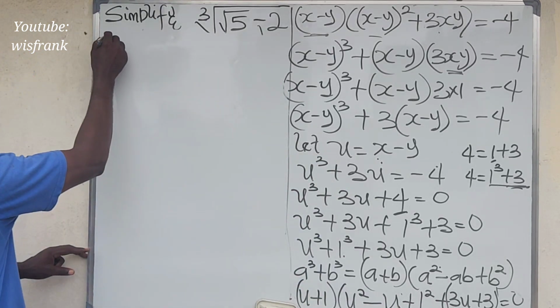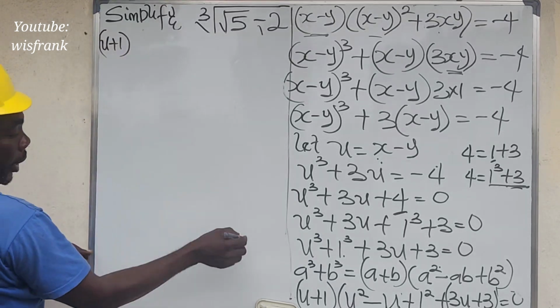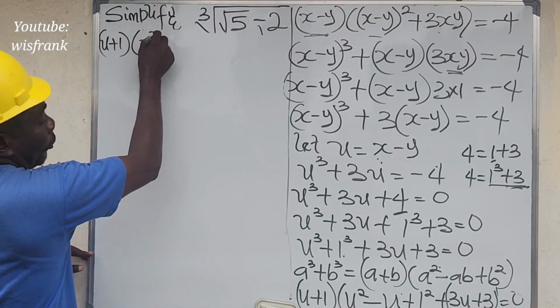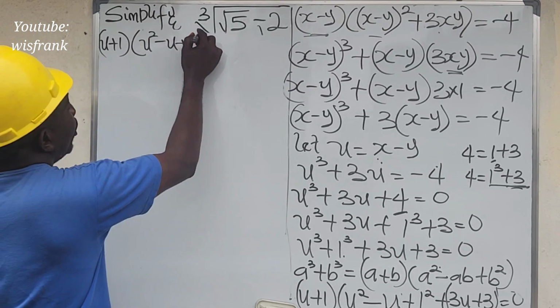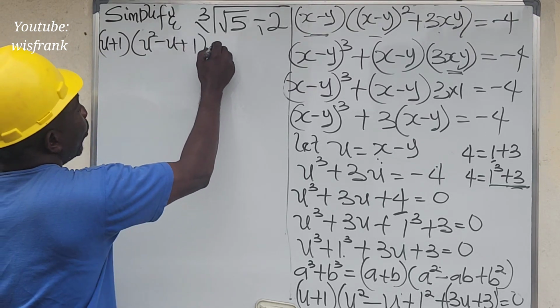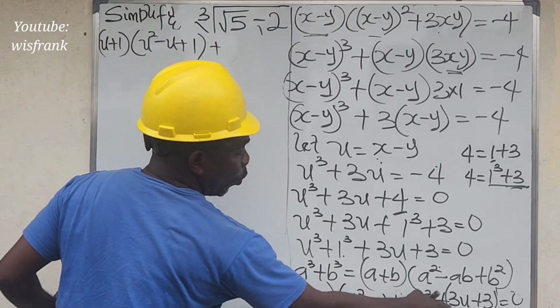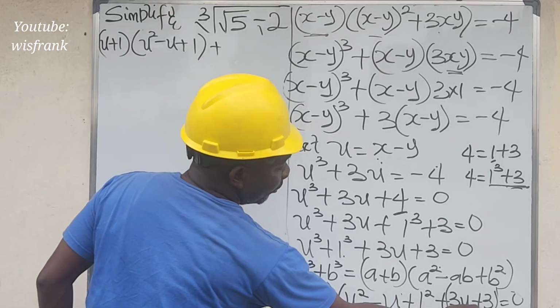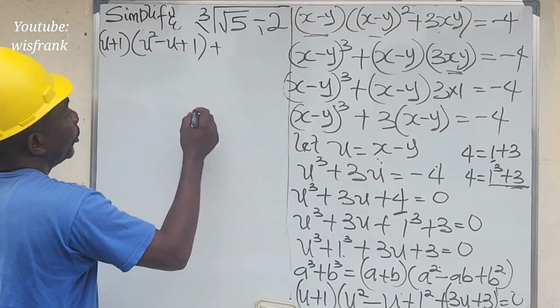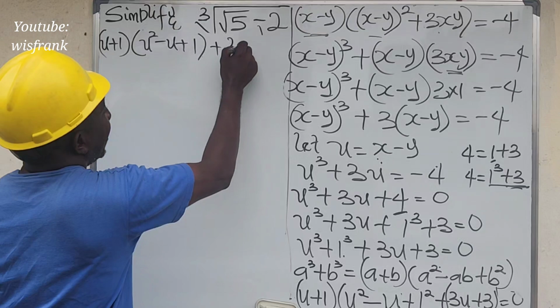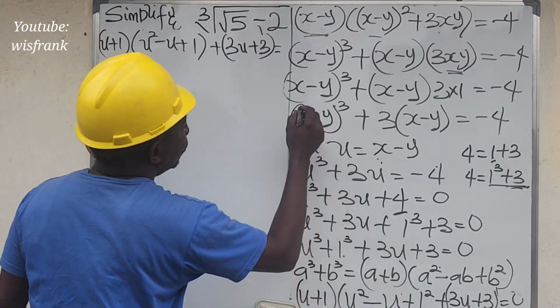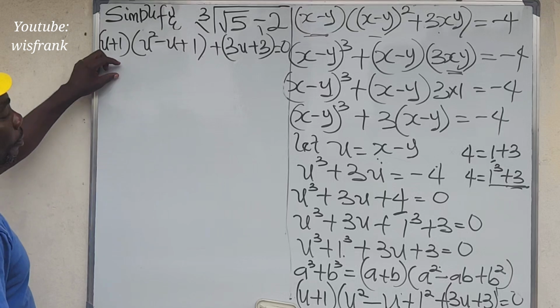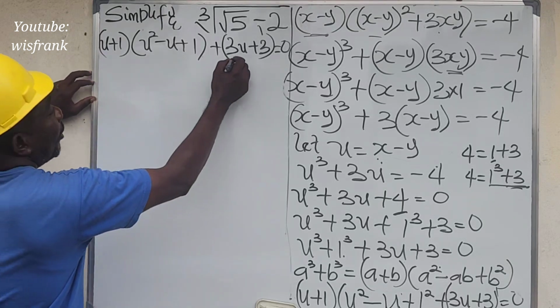So we have u plus 1 into u to the power of 2 minus u plus 1 to the power of 2. 1 to the power of 2 is the same thing as 1. Then we have plus 3u plus 3 all equals to 0. We have 3 here and we have 3 here. We can factor it out. So from here, we can see that we can factor this out.